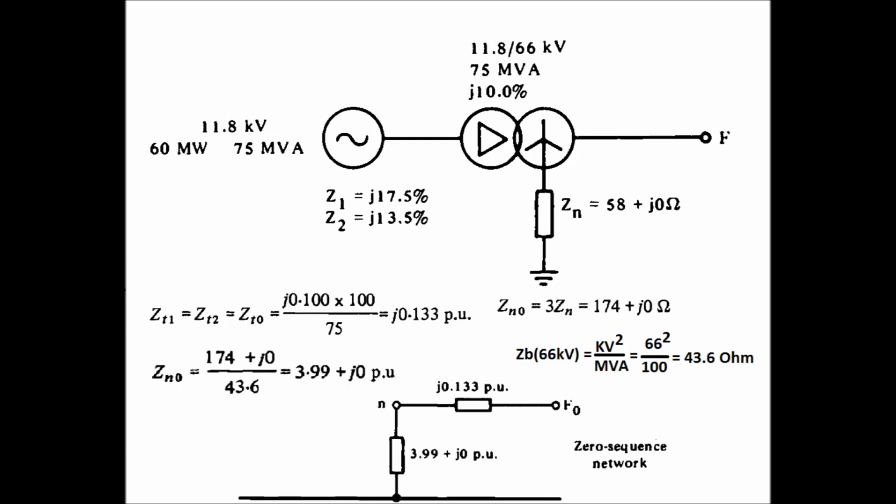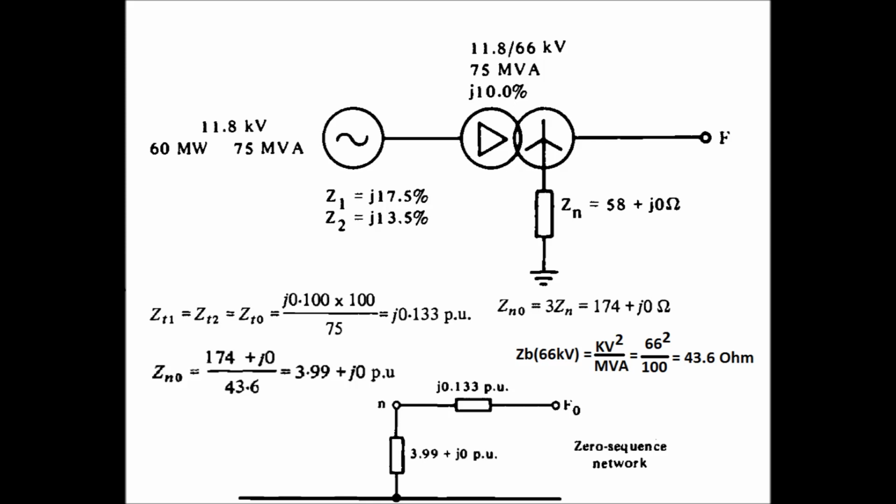And now we have to draw the zero sequence network. Since it is delta-star connected and the star point is connected through a neutral grounding resistor, the value of the resistor is 58 ohm. So the zero sequence component of this resistor, Zn0, is equal to 3 into Zn, which comes as 174 ohm.